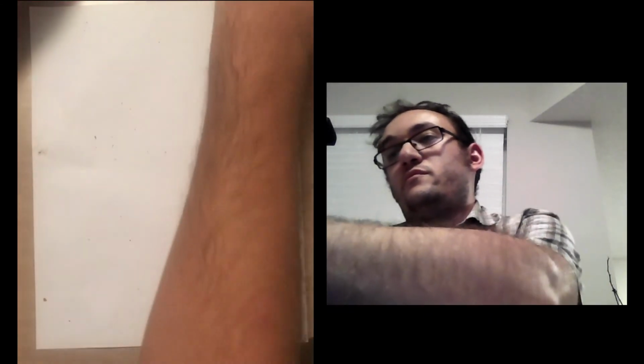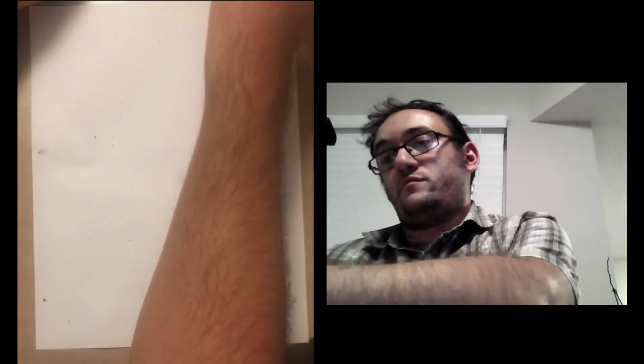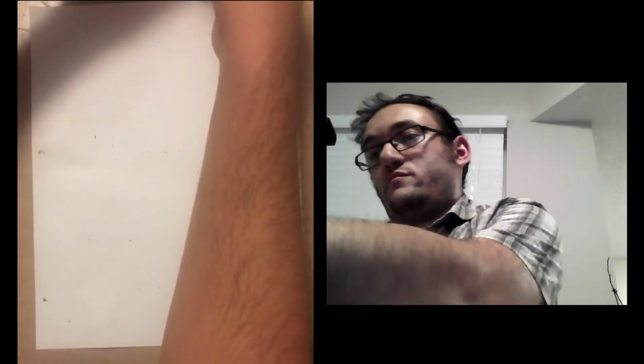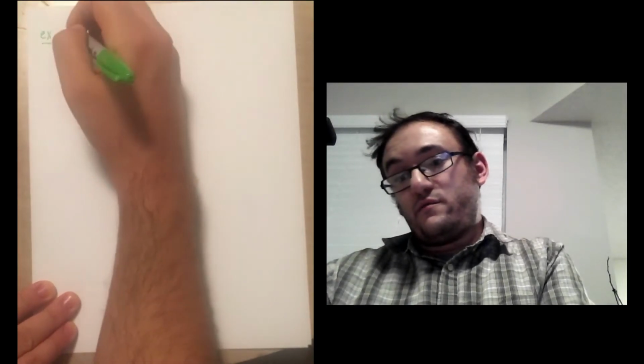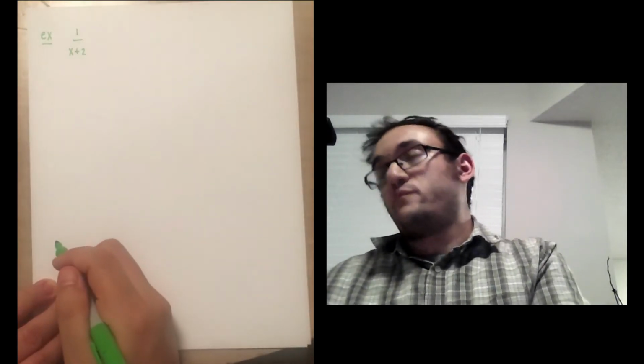Let's look at another example. What if the denominator doesn't look like 1 plus or minus something? So what if we have something instead that looks like 1 over x plus 2? Okay.